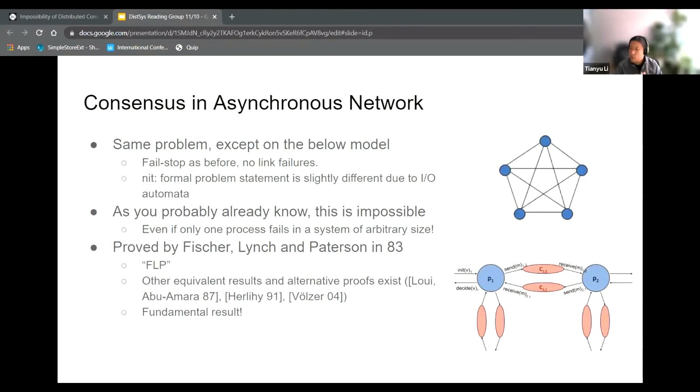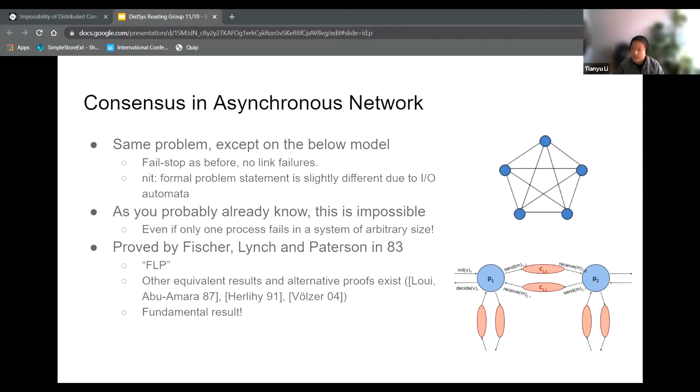Okay, so hopefully we've explained the asynchronous network model a bit more. Let's focus on the topic of today's talk, which is consensus in asynchronous networks. It's largely the same problem, with almost exactly the same setup as the synchronous version we talked about earlier, that is Fischer and Lynch's 82 result.